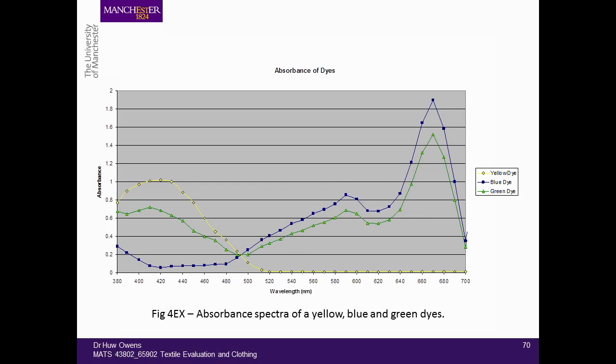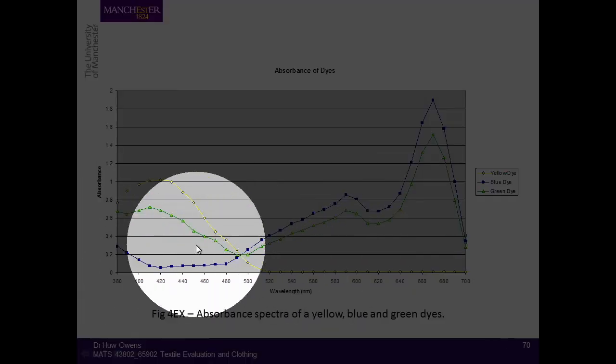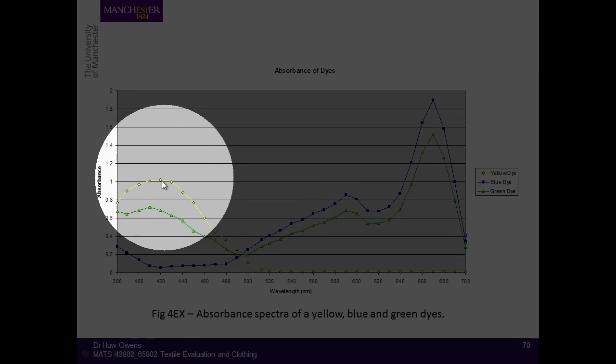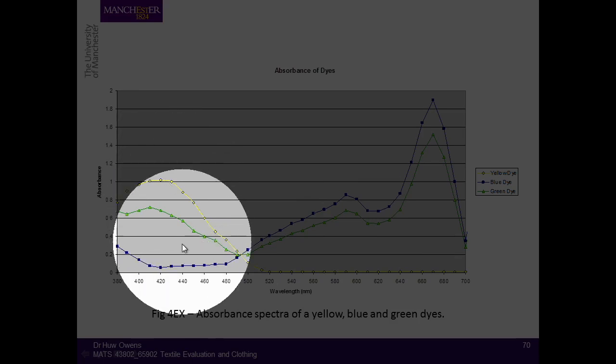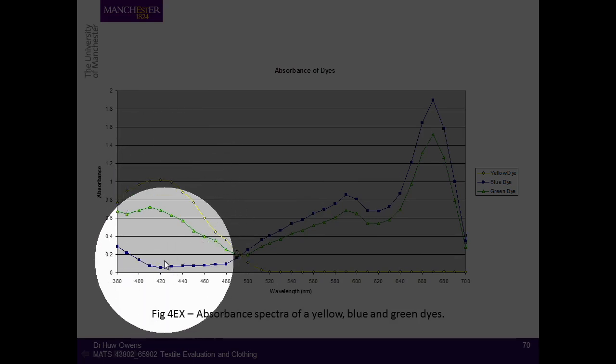Now, if the two dyes are completely independent, which is what we want, then it shouldn't matter. But actually what we're interested in doing is finding a point on each line where one dye is absorbing maximally and the other dye isn't contributing much at all.